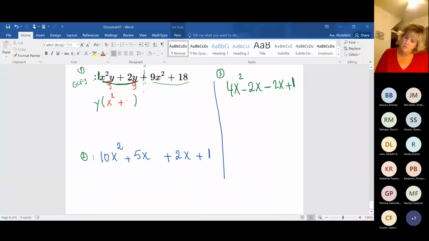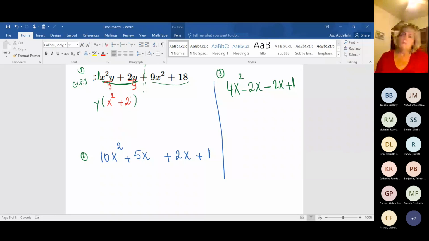Plus 2, thank you. Okay, so the GCF is y. If the variable is present everywhere, that variable is in the GCF.